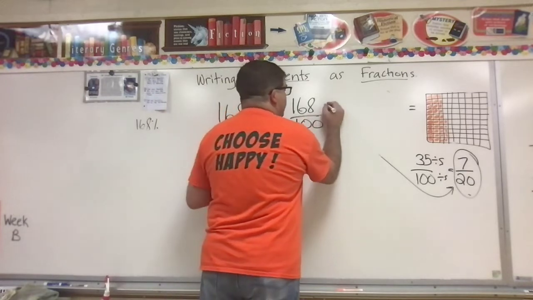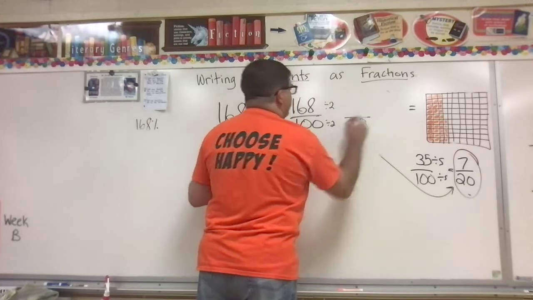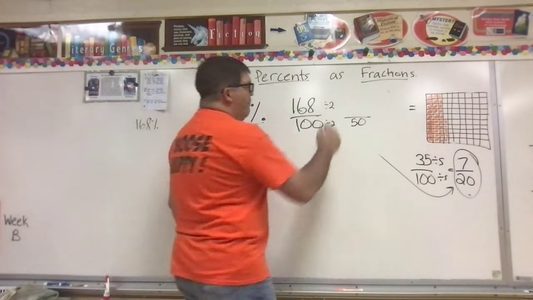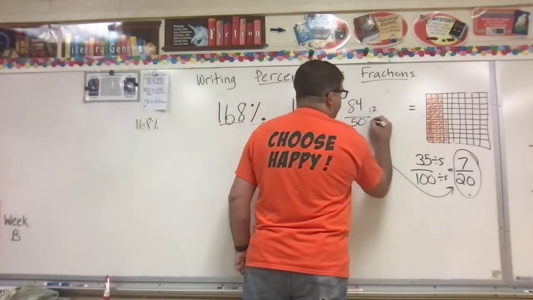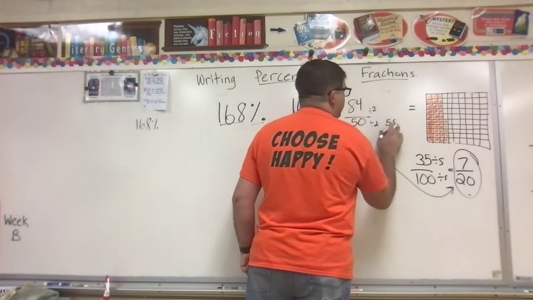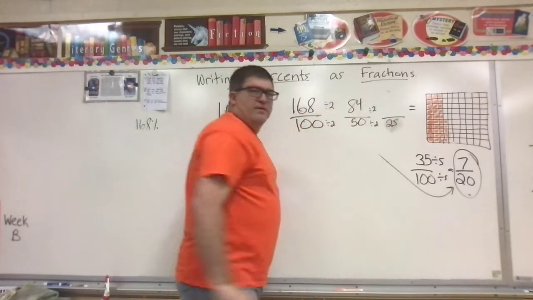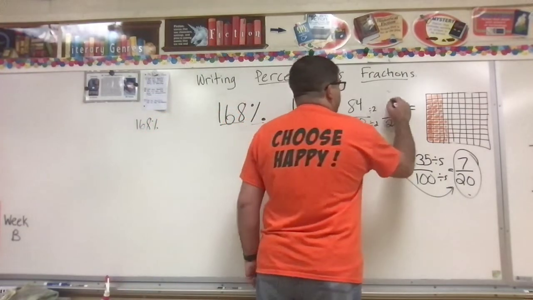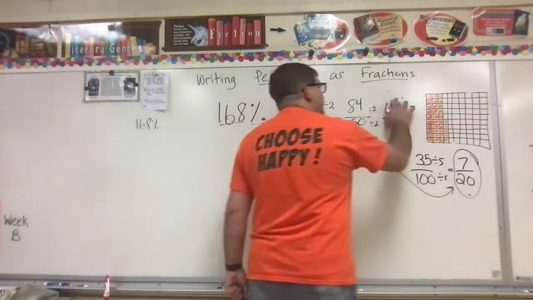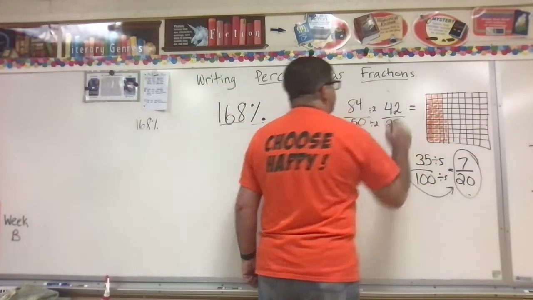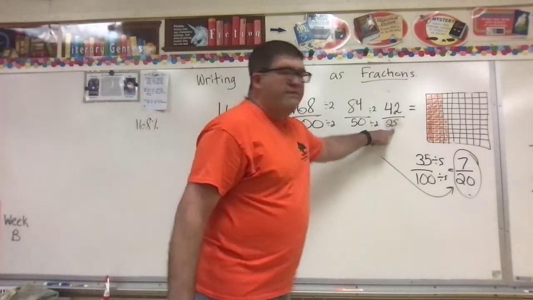Now I can simplify this. They're both even. I know that's going to get me 50, no, 84 and 50. They're both still even, so I'm going to cut them in half again. That gets me 25. 84 divided by 2, that would be 42. So I have 42 over 25.